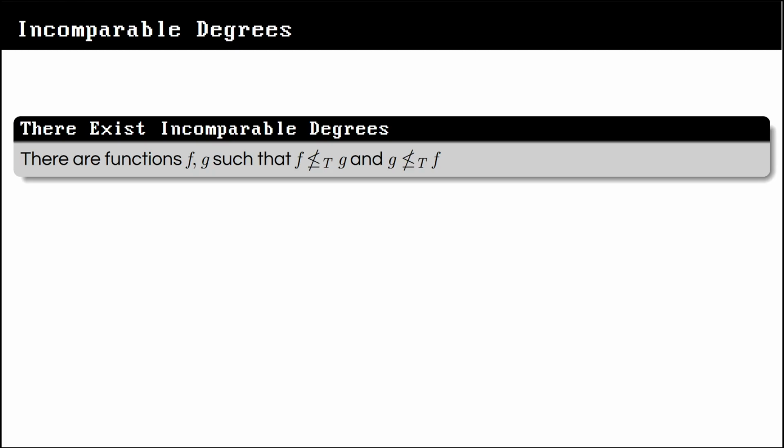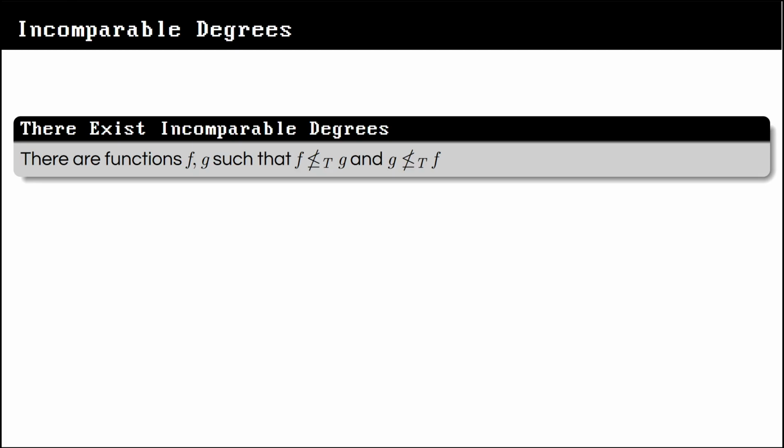To find these functions, we're going to do the same thing that we did before when constructing our non-computable function d. We're going to list out a collection of conditions that our f and g need to satisfy, and progressively construct our functions f and g to ensure that they satisfy those conditions.